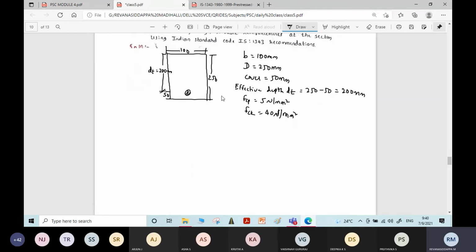Therefore, FT is equal to, what is the formula there in page number 48? 0.24 root of FCK, page number 48. Therefore, FT is equal to 0.24 root of 40. What is the value we got in the previous problem? It is 1.52, correct? 1.52 Newton per mm square. We got FT now.